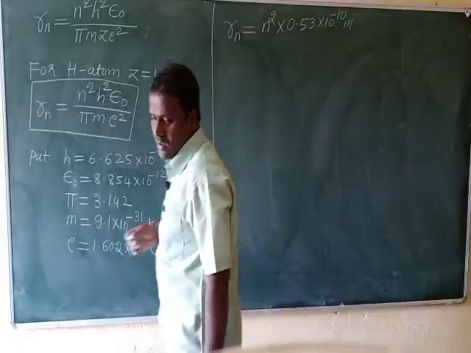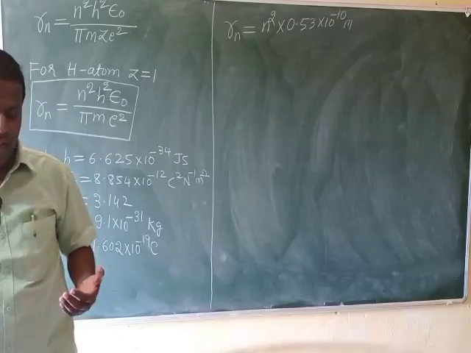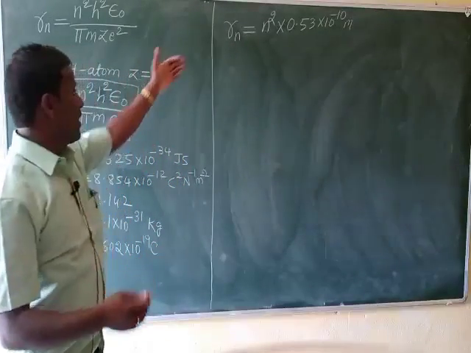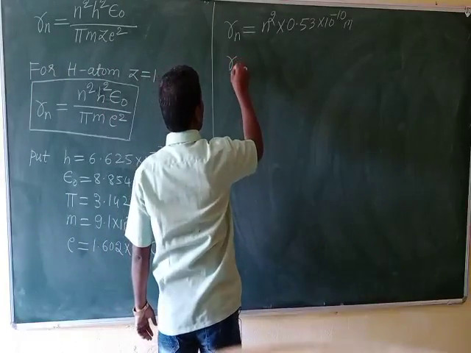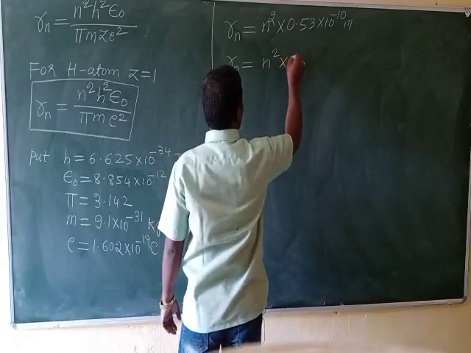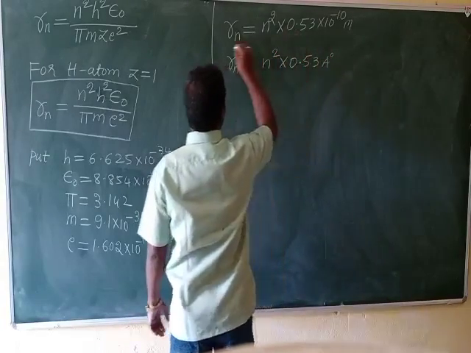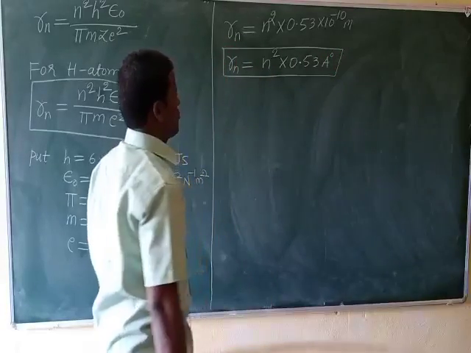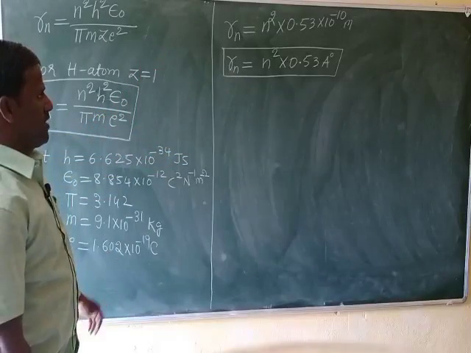When you are listening to the class, take the calculator, substitute all the values and calculate. That is, Rn equals n square into 0.53 angstrom, where angstrom is 10 to the power of minus 10.